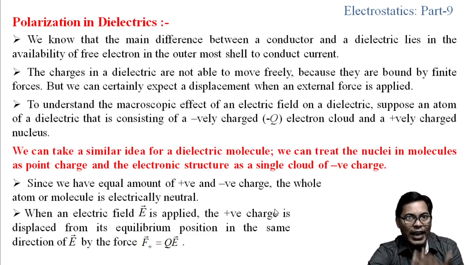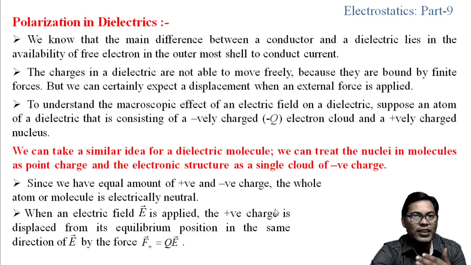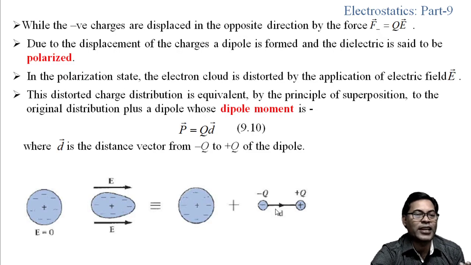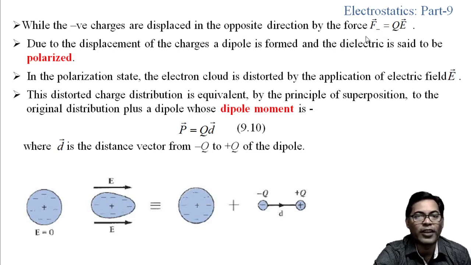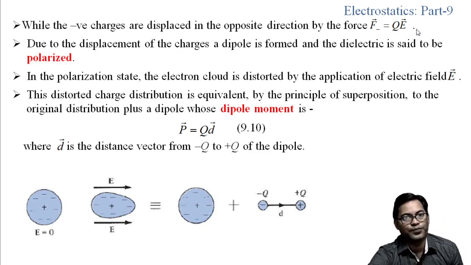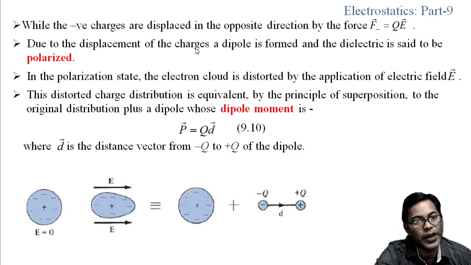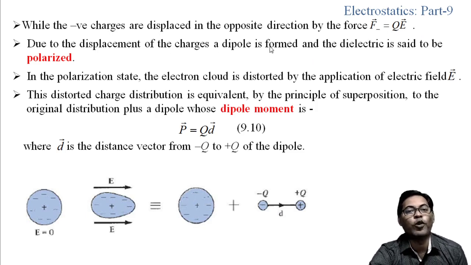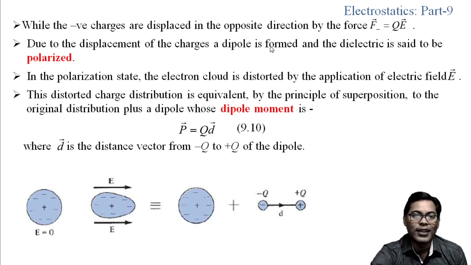Similarly, the negative charges will move in the opposite direction of the applied electric field, by the force F minus equals QE. So due to this displacement of charges, a dipole is formed and the dielectric is said to be polarized.